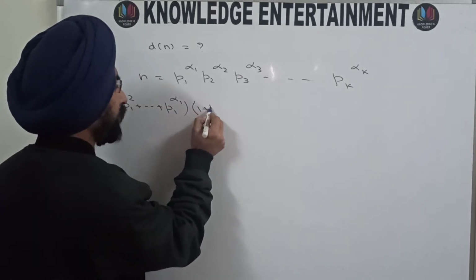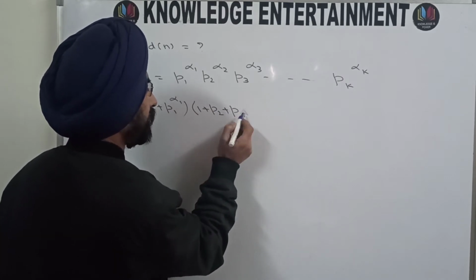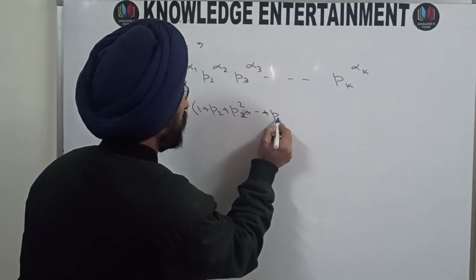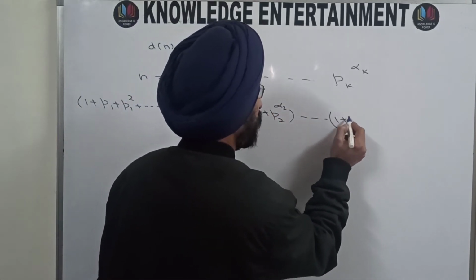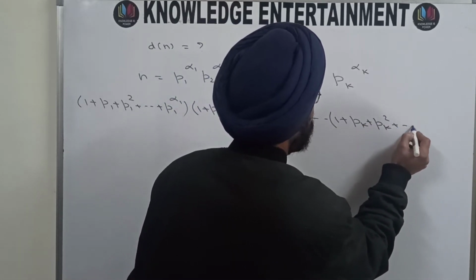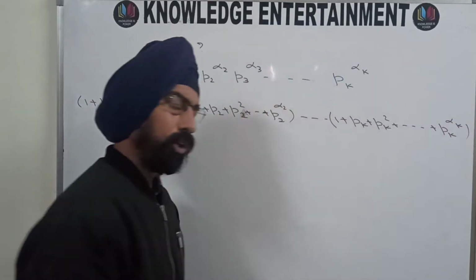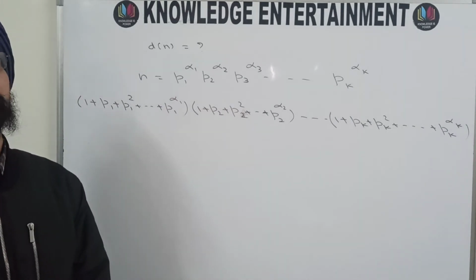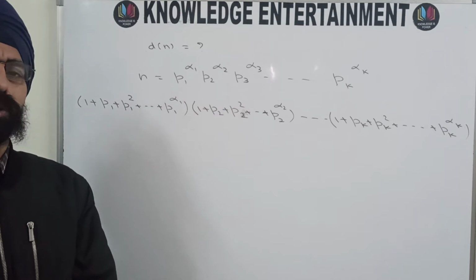Second bracket, (1 plus p2 plus p2 square plus and so on up to p2 power alpha 2), and so on, (1 plus pk plus pk square plus and so on up to pk power alpha k). Look into this product. This is some special product. Why? If you expand this product, what are you going to get?